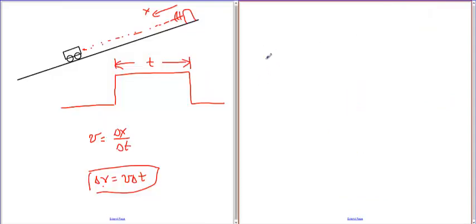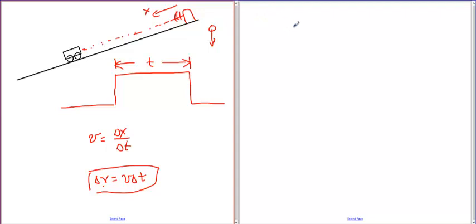Now finally, we are going to measure the angle of this ramp, because we'll find out later that the acceleration due to gravity, the acceleration of something you just drop, is related to the angle of the ramp.